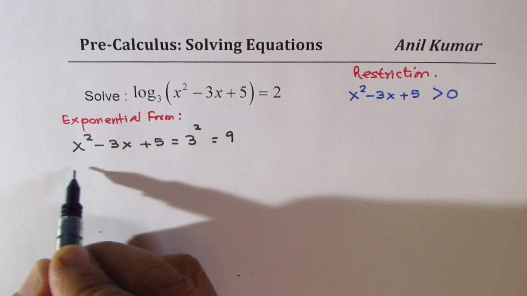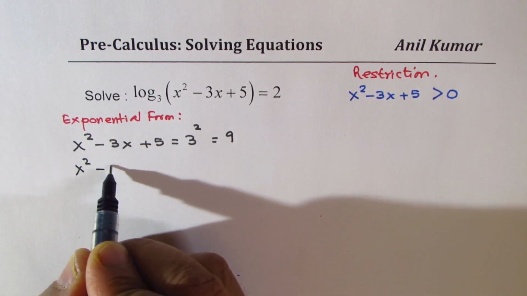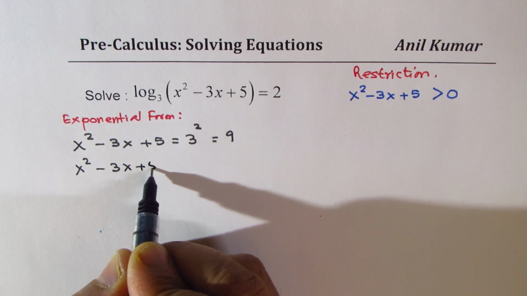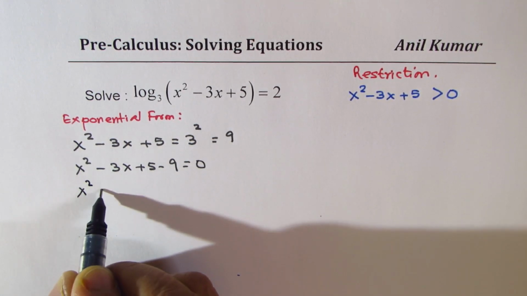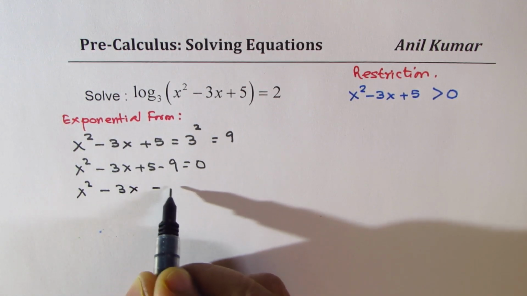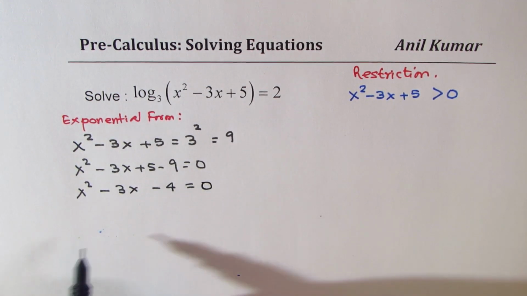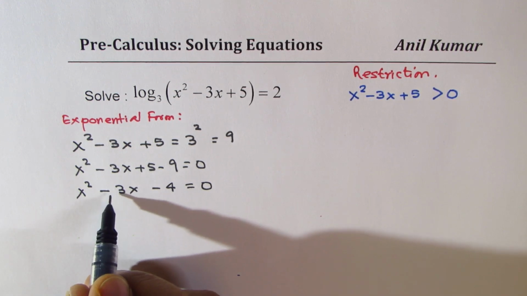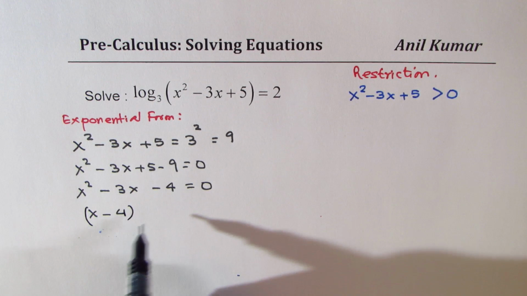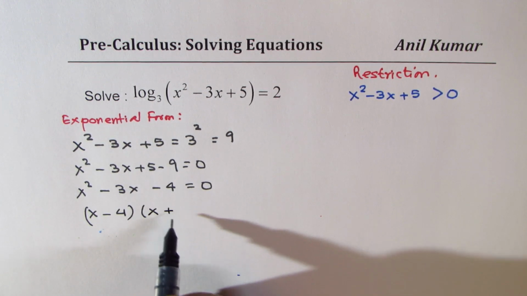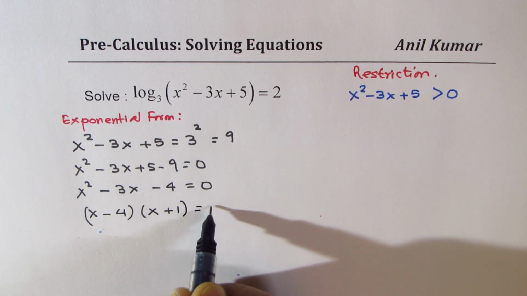Let's bring 9 to the left side. We get x squared minus 3x plus 5 minus 9 equal to 0, which is x squared minus 3x minus 4 equal to 0. 4 times 1, negative 4 we are going to take since minus 3x, and we get x minus 4 and x plus 1 equal to 0.